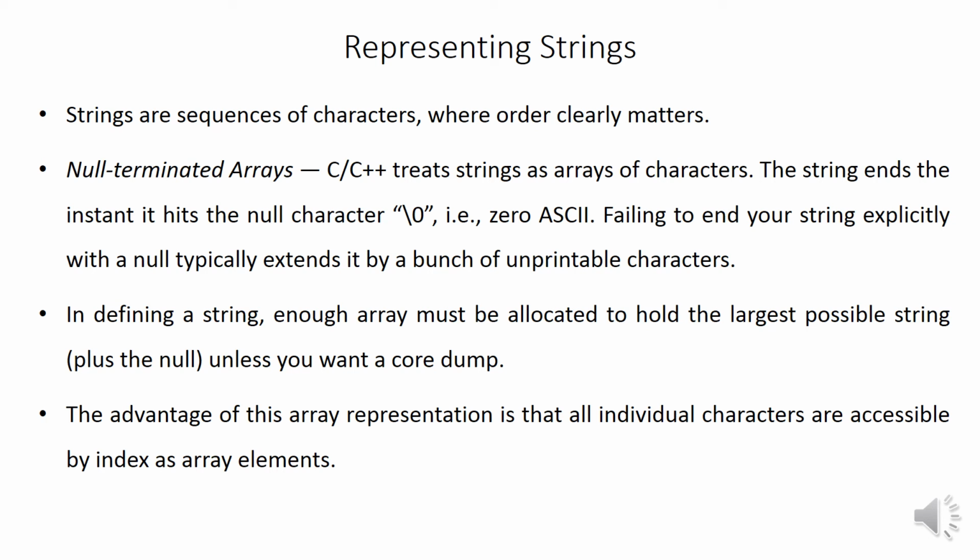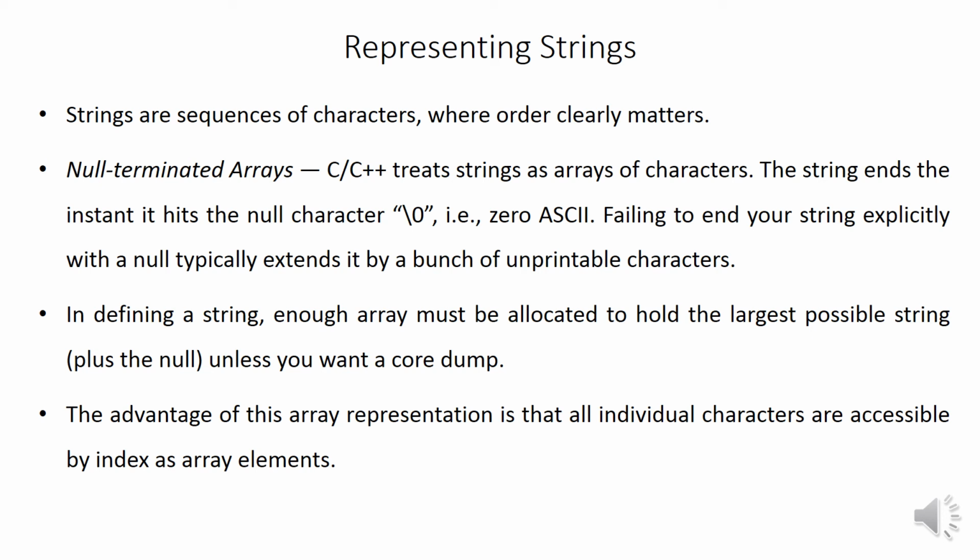So here, null terminated arrays: C or C++ treats strings as an array of characters. Yes, so a bunch of characters or an array of characters is a string in C or C++. The string ends the instant it hits the null character, the trailing character of that specific string, which is slash zero, that is ASCII zero. Failing to end your string explicitly with a null typically extends it by a bunch of unprintable characters.